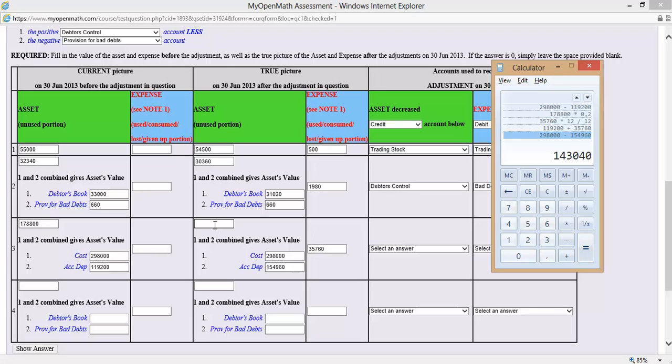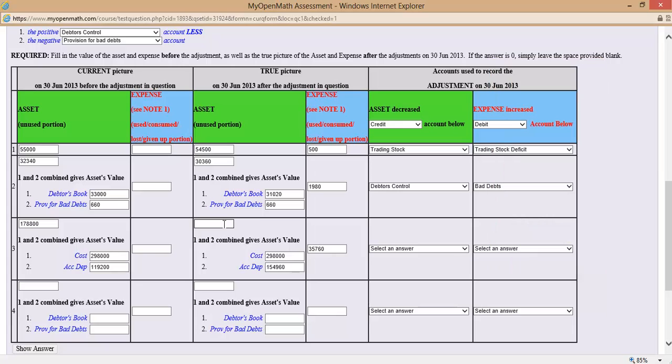My new value of the asset, which is 35,000 Rand less because of the usage, is 143,040. Now, which account did I use to decrease the asset? Which account was credited? It was my accumulated depreciation account. Which expense did I use to account for the usage of the asset? It was the depreciation account.